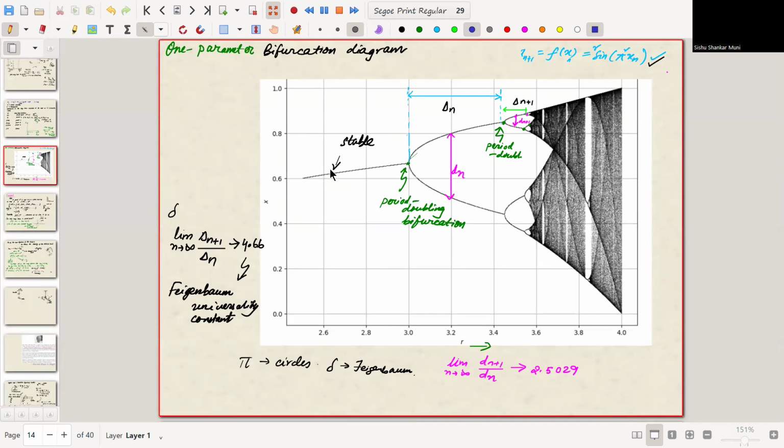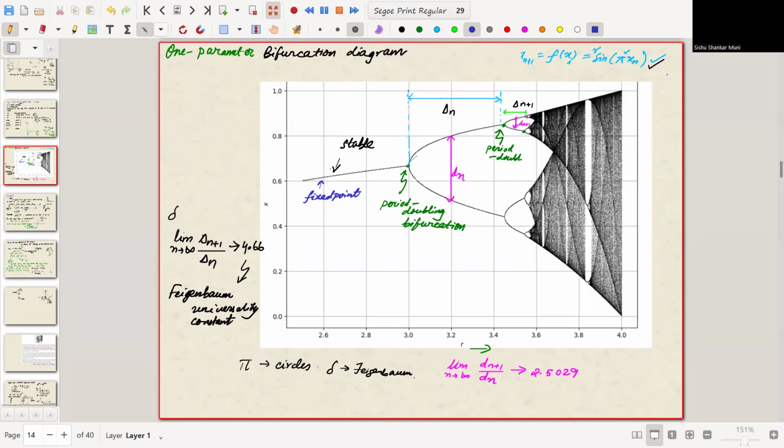This is the parameter bifurcation diagram. I told you that this is the fixed point here, and for each parameter value r, you have a single curve.